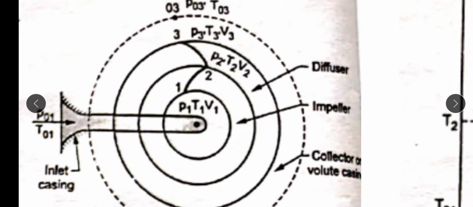If you look at the velocity of the air at the outlet of the impeller or the outlet of the diffuser, definitely it is quite higher than the atmospheric velocity of the air, because while studying construction and working we discussed the pressure and velocity variation of the air. It is clearly shown that the V3 velocity is more than V1.